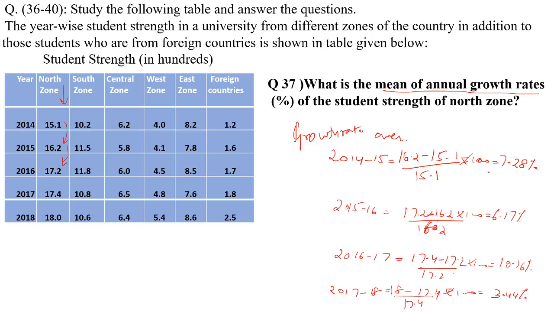Right. So all these growth rate values have come, so you will directly add 17.28 plus 6.17 plus 10.16 plus 3.44 upon 4. It will be 18.59 divided by 4. The value will be 4.64.